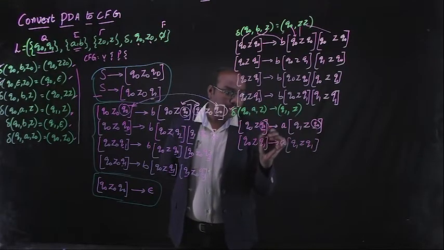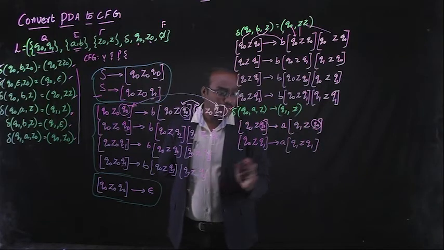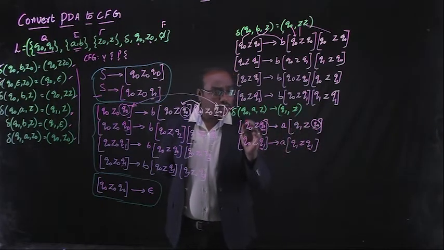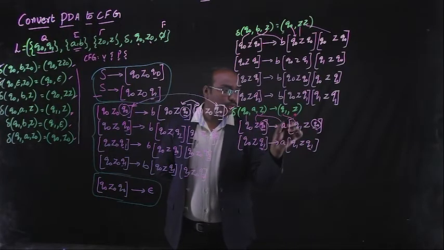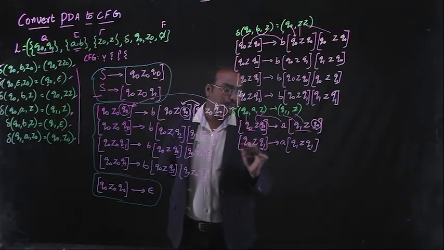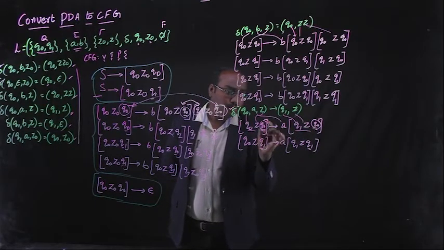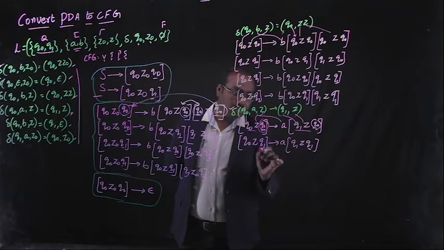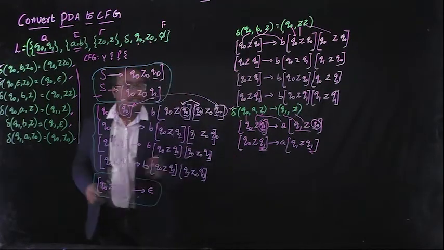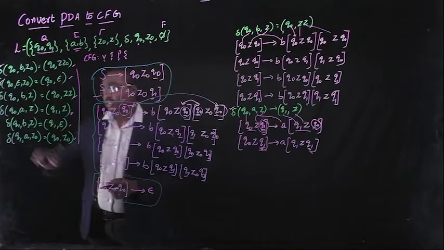First we take Q naught, that also Q naught, Q1, Q1. So the remaining all are the same. So this is the state Q naught, stack symbol, and input symbol, Q1 stack symbol. These are all common. Now we have to fill these empty places with Q naught and Q1. Okay, so these are the production rules for this transition function.